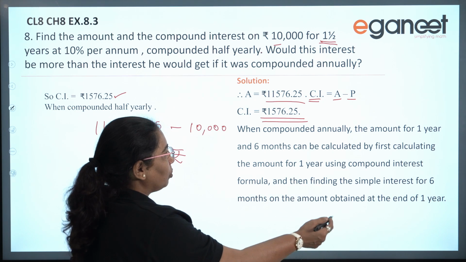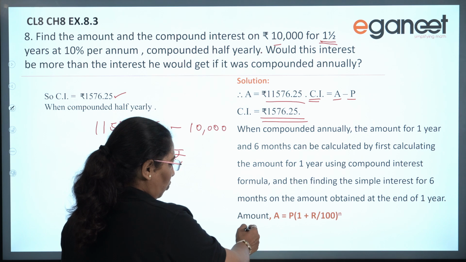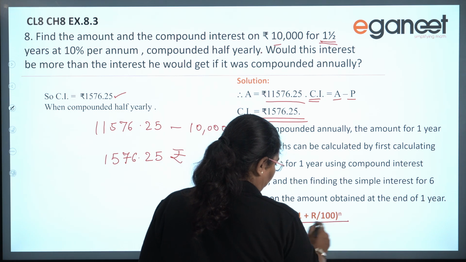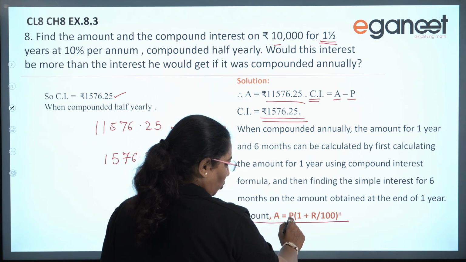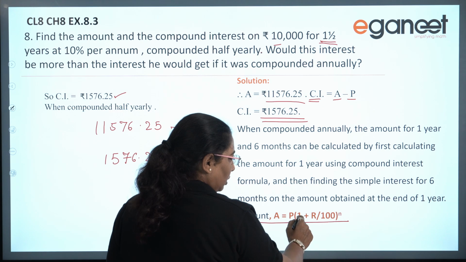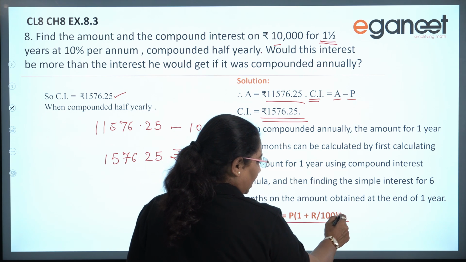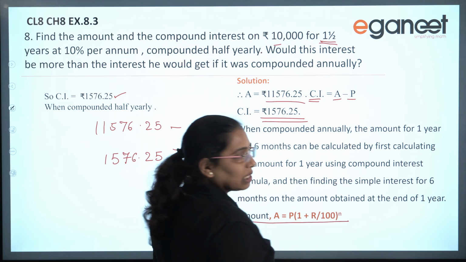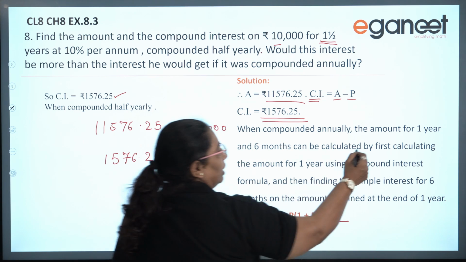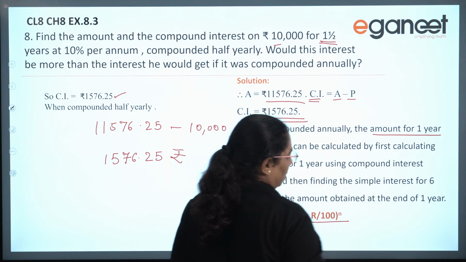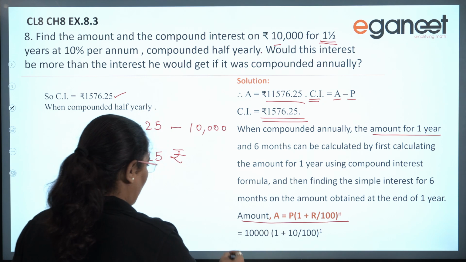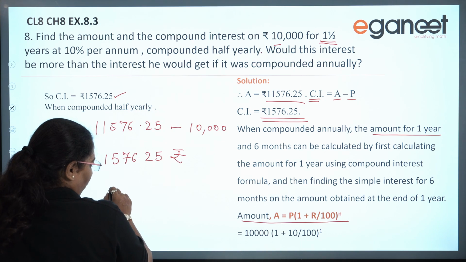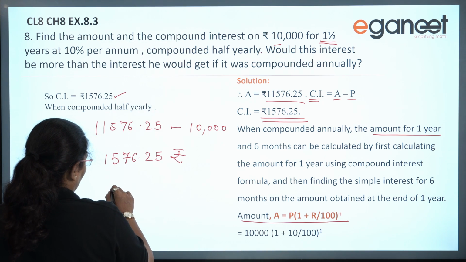So how we are going to do this? For that we are going to use again this formula. The principal amount is 10,000, the rate is 10% and the value of n is 1. We are calculating it for 1 year first. Let us find out the amount.